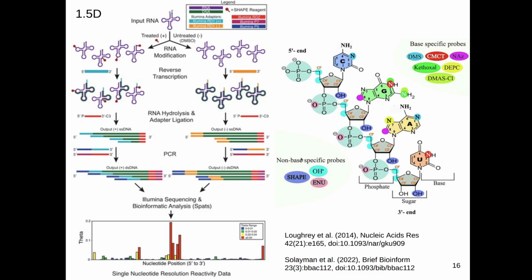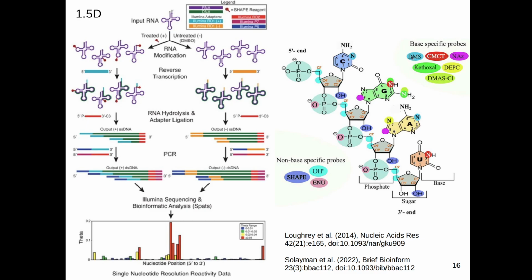One of the most popular is the SHAPE protocol, which modifies O2' atoms. Of course, both base paired and unpaired residues have these O2' atoms available, but SHAPE works mostly on the most flexible residues. The more flexible the residue is, the higher modification rate it will have. And unpaired residues are, on average, more flexible than paired residues.